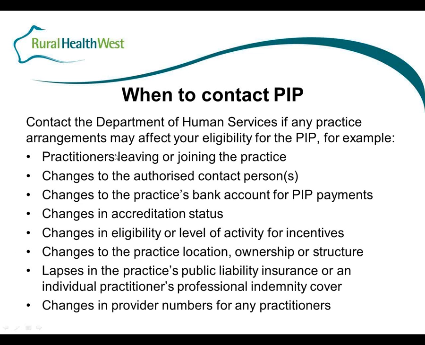So when should you contact the Practice Incentives Program staff? Well, if any practice arrangements change that may affect your eligibility, for example, if a general practitioner or a nurse practitioner leaves or joins the practice, if there are changes to the authorised contact person, if there are changes to the practice bank account for PIP payments, if there are changes in your accreditation status, if your eligibility or level of activity for incentives changes, if the location or ownership or structure is changed, or if there are lapses in the practice public liability insurance or an individual practitioner's professional indemnity cover.